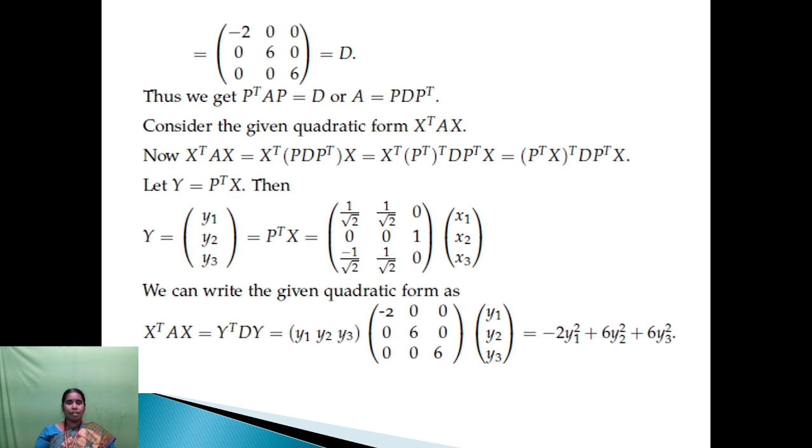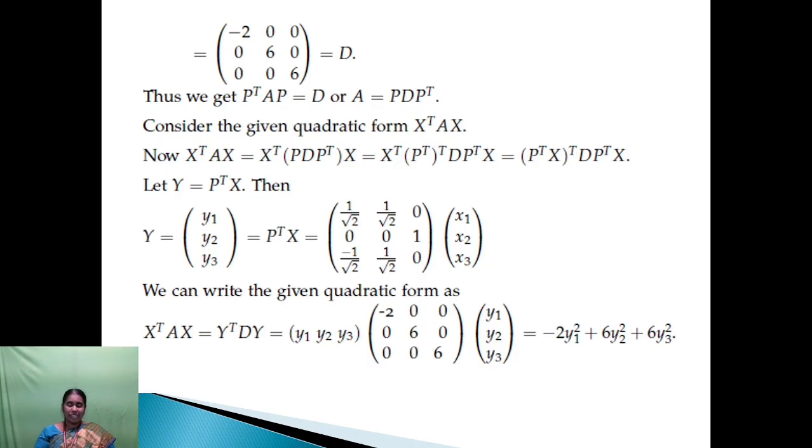Now, consider X transpose AX, which can be written as Y transpose D into Y, where Y takes the value of P transpose into X. Now we can write the given quadratic form X transpose AX as Y transpose D into Y, where Y is y1, y2, y3; Y transpose is a row matrix and Y is a column matrix.